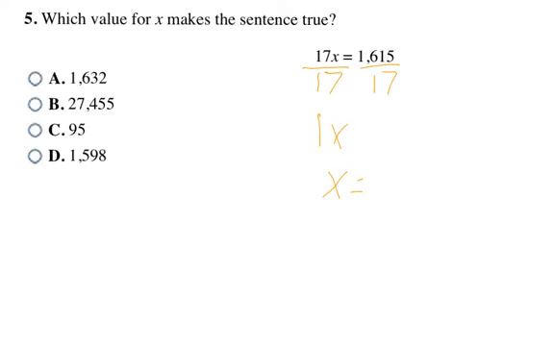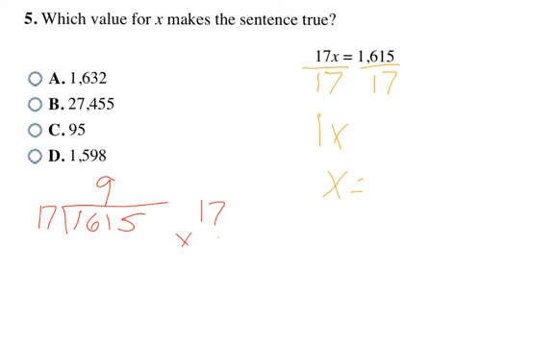And then you have to take 1,615 divided by 17. So you're probably going to have to go off to the side and work that problem out using long division. So 17 can't go into 16. It's too big. So 17 goes into 161 9 times.